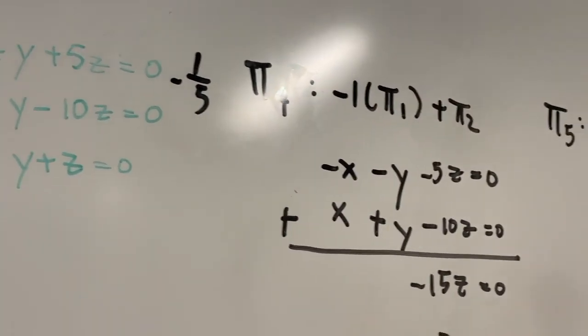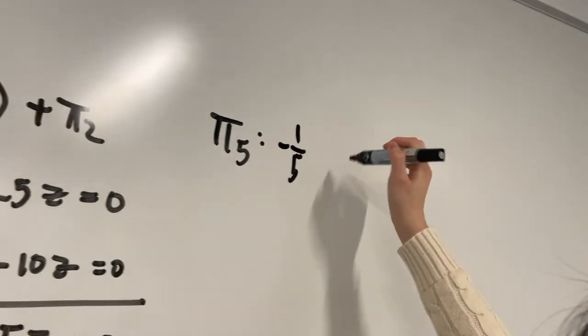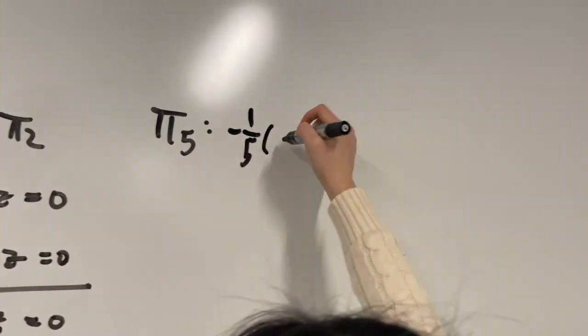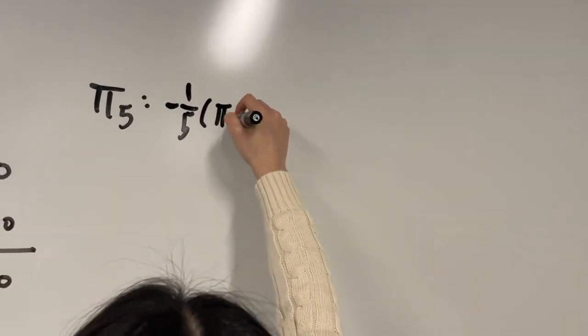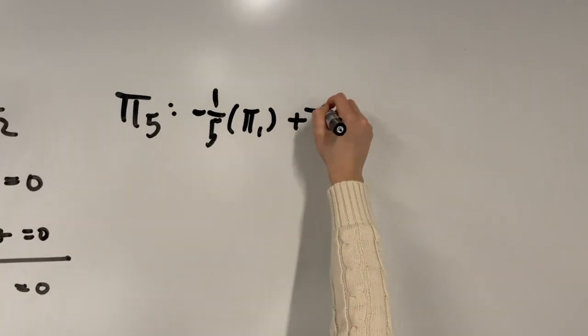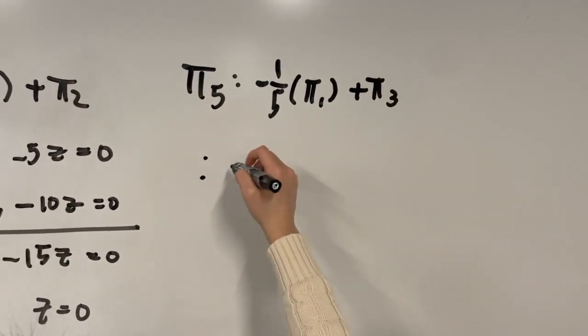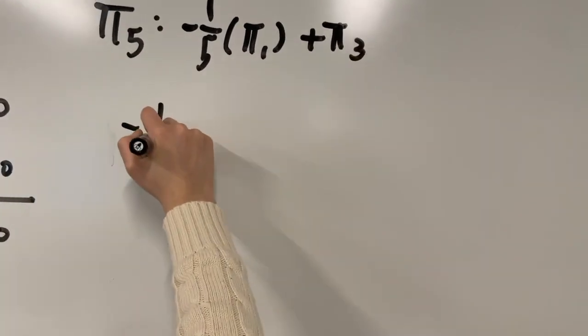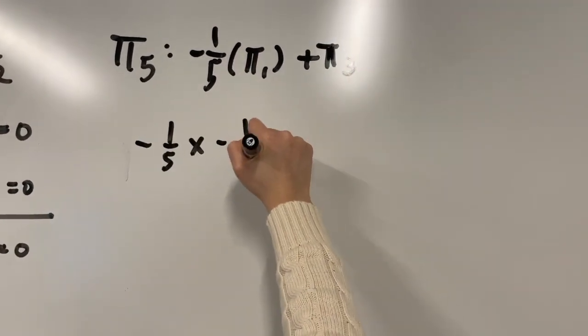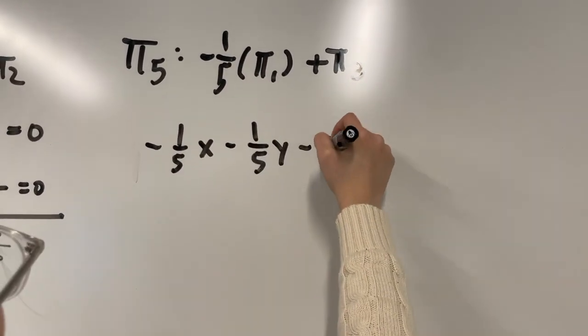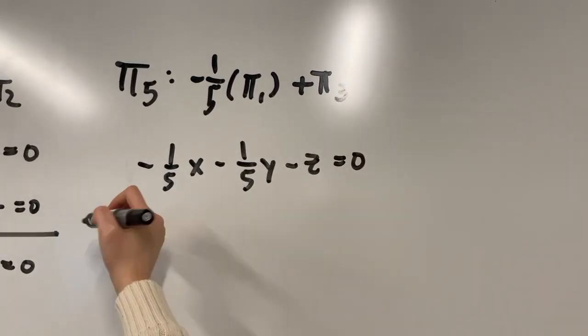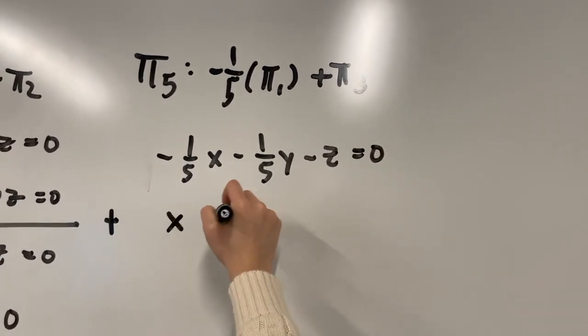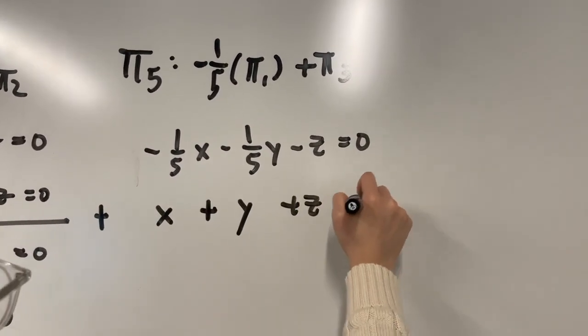So if I write it out, it's -1/5 times the whole equation of plane 1 plus plane 3. You get -x minus y minus z equals 0 plus x plus y plus z equals 0.